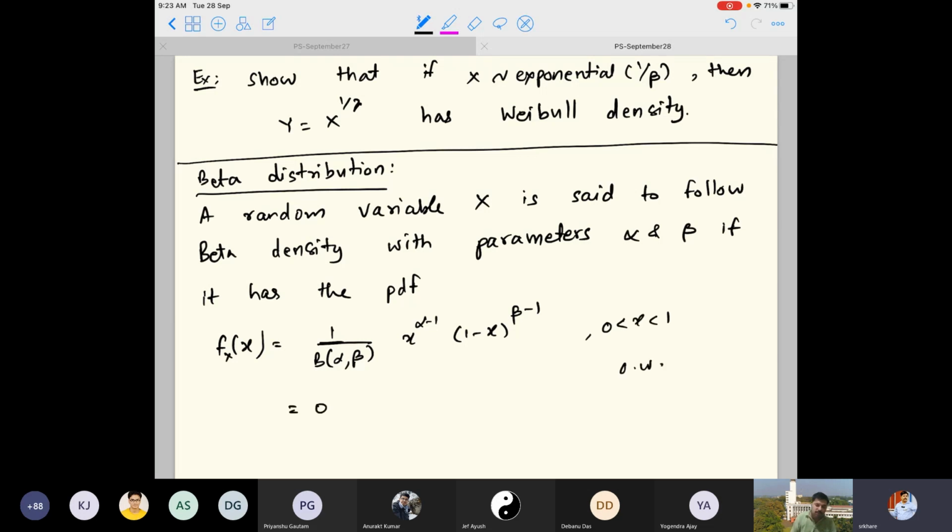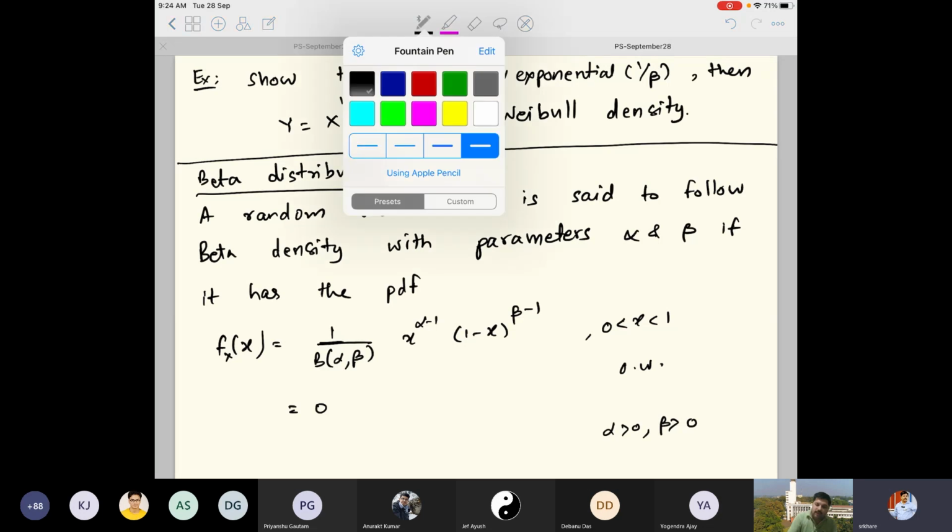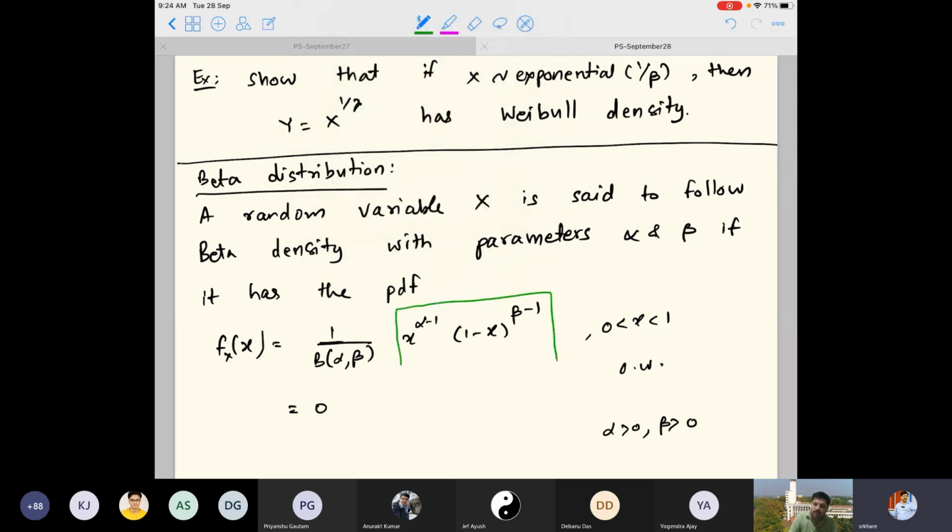And what are alpha and beta? Alpha is greater than 0 and beta is greater than 0, right? You can easily recognize this particular function to be the integrand of the beta integral, from 0 to 1. You have done the beta integral in your advanced calculus course.